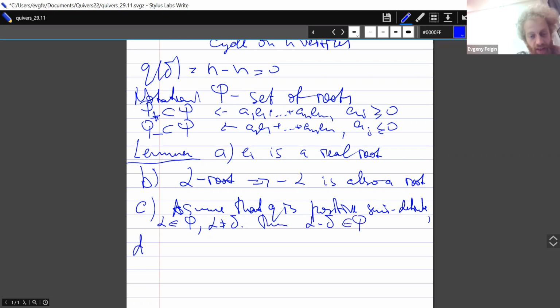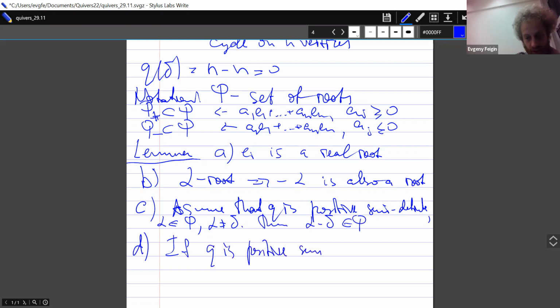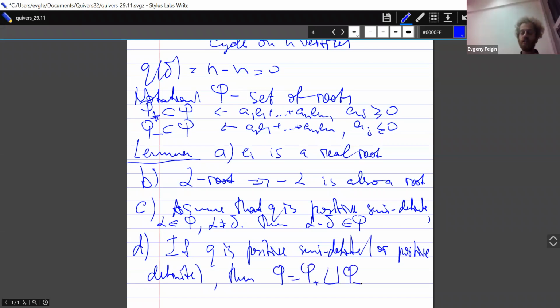And then finally, the last claim is that if q is positive semi-definite, or just positive definite, then Phi is just the union of Phi plus and Phi minus. So you see, this is a kind of strong claim saying that any root is either positive or negative.